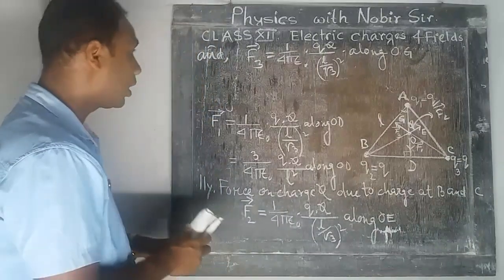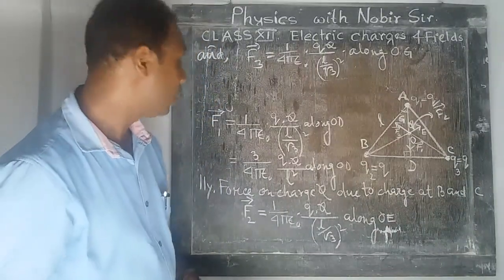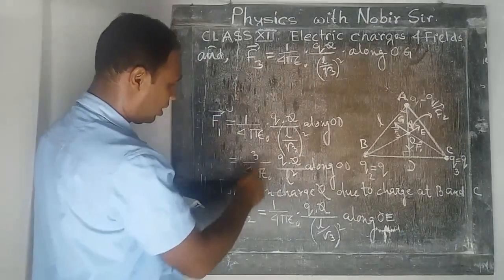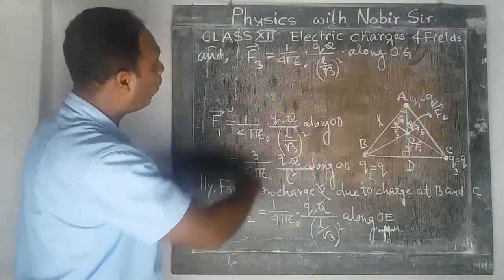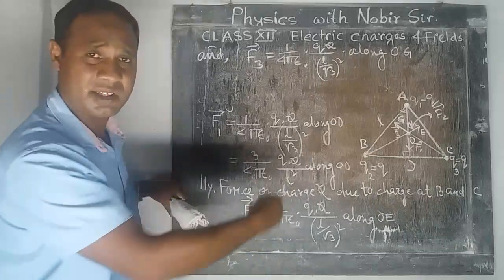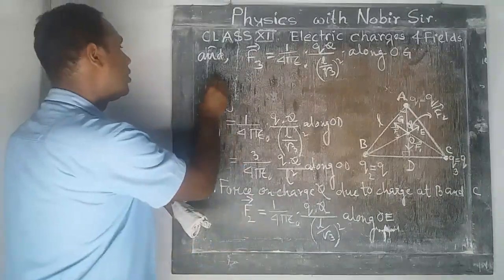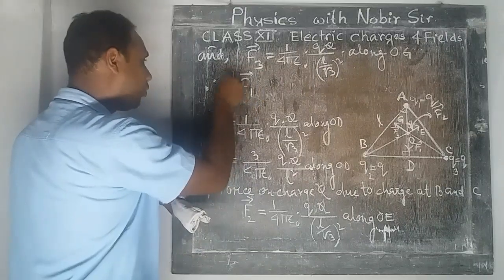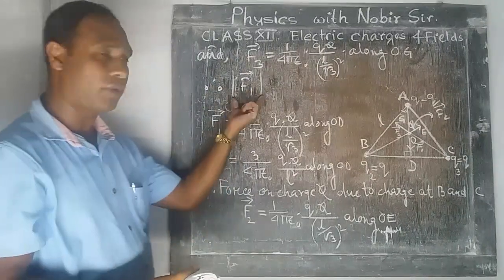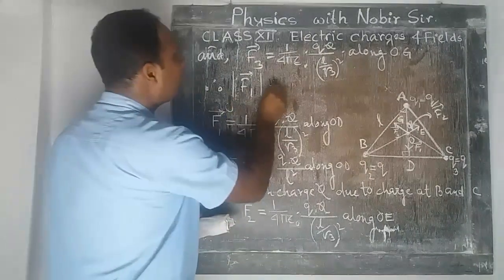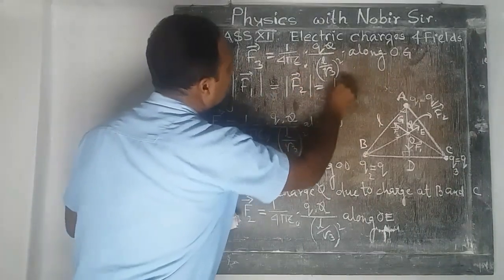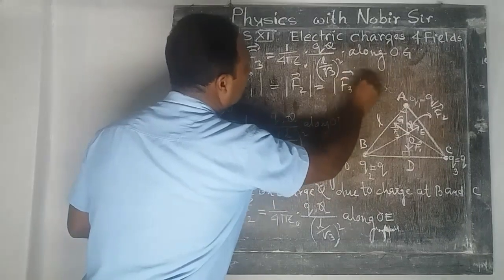One more thing: the magnitudes of F1, F2 and F3 are all the same, as I have already discussed. So we can write that the modulus of F1 vector, modulus of F2 vector and modulus of F3 vector are the same.